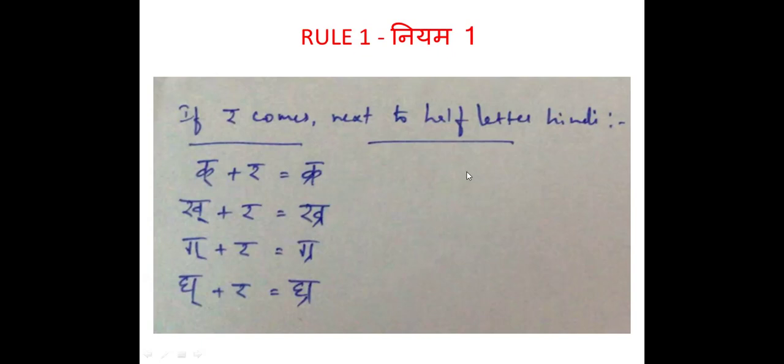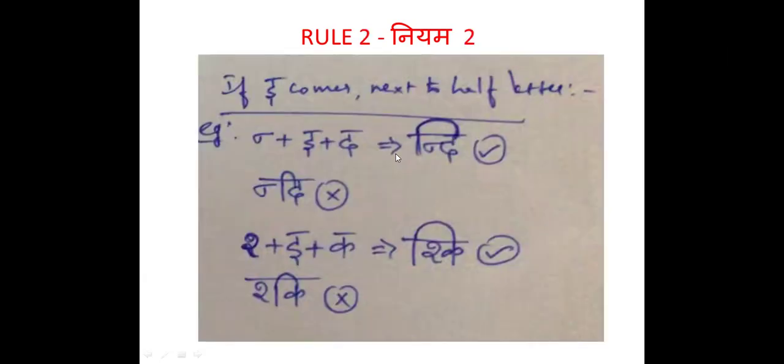Niyama 1. The next one, Niyama 2. E comes next to a half letter. This is na. Now this half letter is called n. If E comes next to this half letter, you have to write like this.